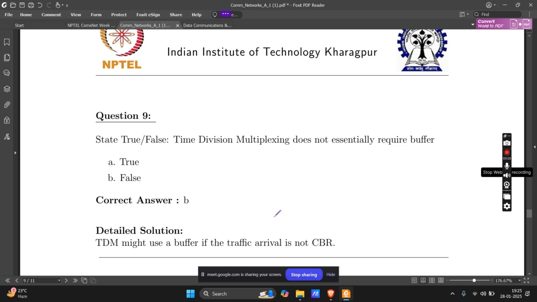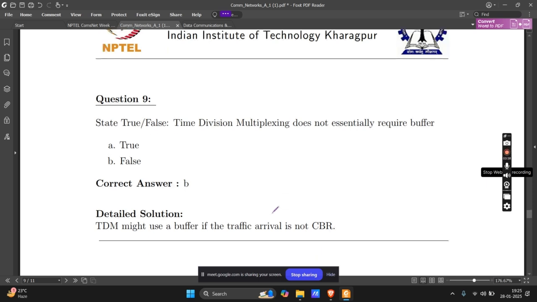So TDM might need a buffer, but oftentimes TDM does not have a buffer. So if there is a 6th user coming, well, too bad, his data will get lost. So TDM might require a buffer or might not. So "does not require a buffer" is a strong statement. It's a false statement. It might or it might not.